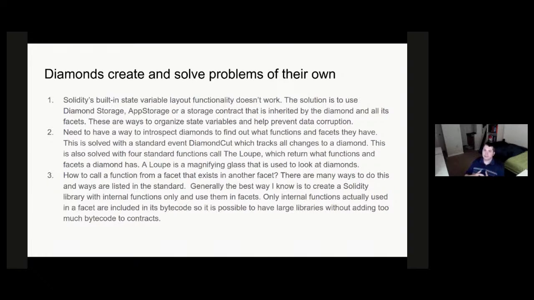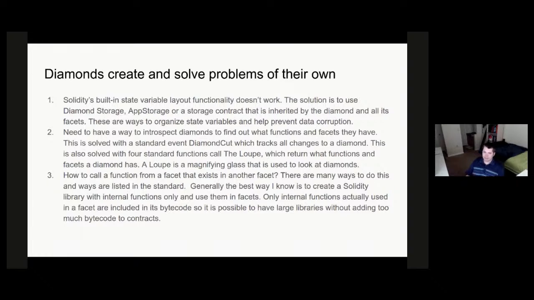They bring the transparency back to diamonds. Tooling like the loupe can then use that to show all the information for diamonds. Also, testing code can be used to inspect diamonds to make sure everything is correct when implementing them. Testing code can take advantage of the diamond cut event, and it can also take advantage of the loupe functions.